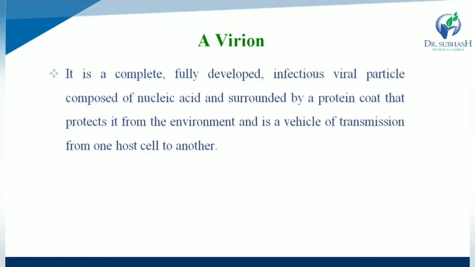First one, a virion. It is a complete, fully developed infectious viral particle composed of nucleic acid and surrounded by a protein coat that protects it from the environment and is a vehicle of transmission from one host cell to another.